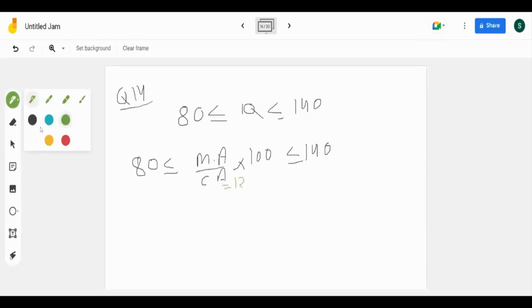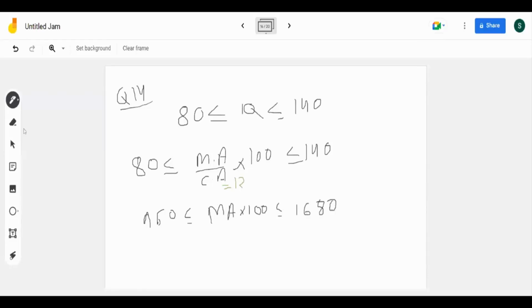Just have to find the range of mental age. So multiply by 12 and divide by 100. Multiplying by 12, 8 times 12 is 96, so 960 is less than MA into 100 is less than 14 times 12, which is 168, so 1680. We can divide by 100 to get our mental age.